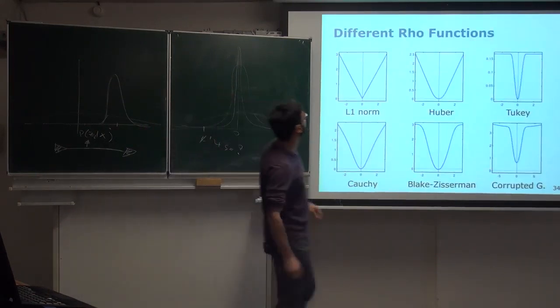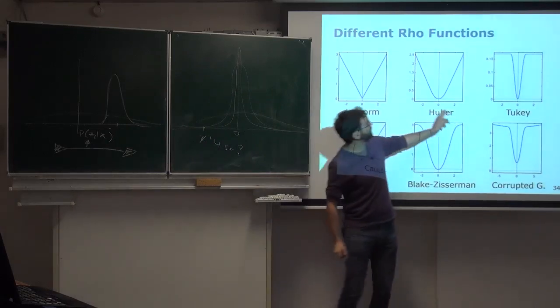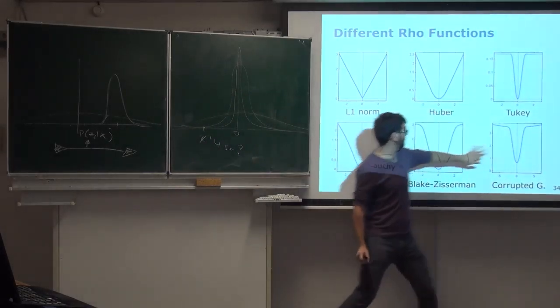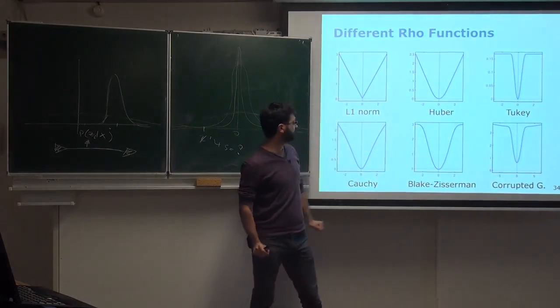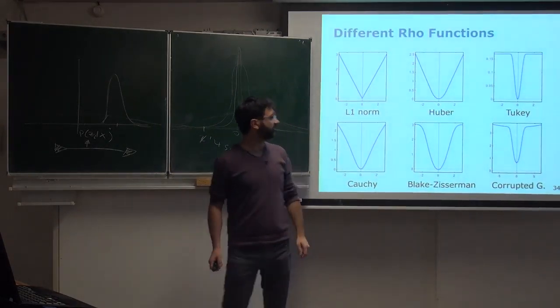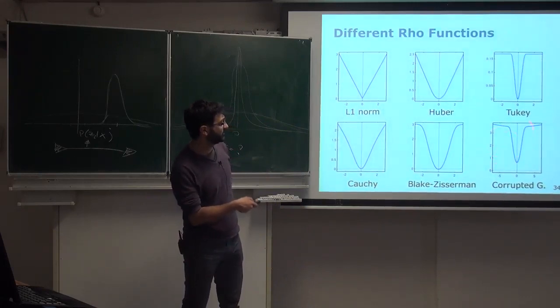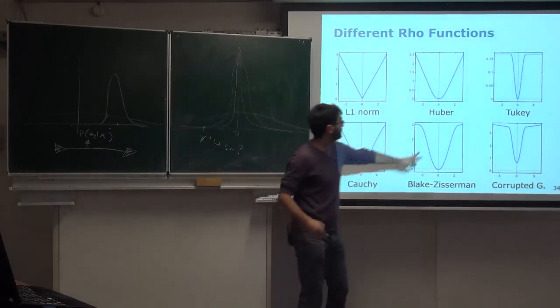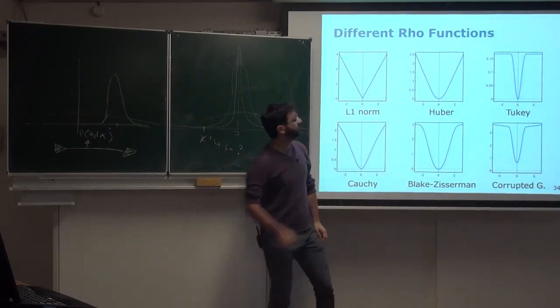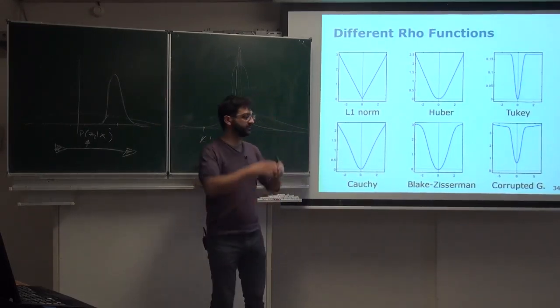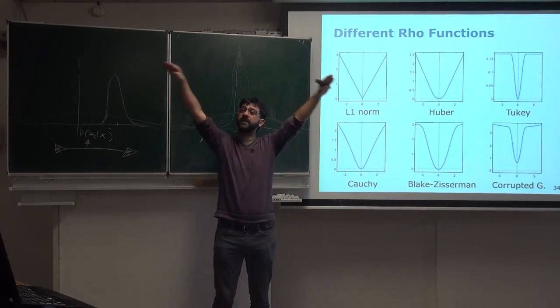We have then, that's the L1 norm, the Huber. Then we have this other family of guys here. They are called redescending M estimators. This one is a slightly different case, so we'll treat it later on. But this one, Tukey, they're called redescending because they go up and then they stabilize themselves.